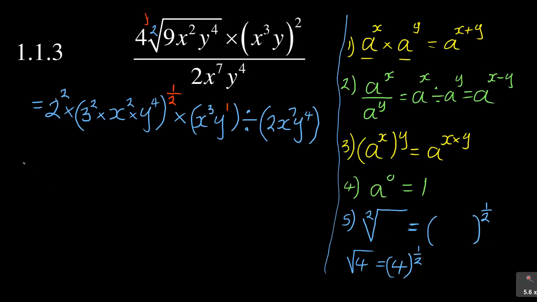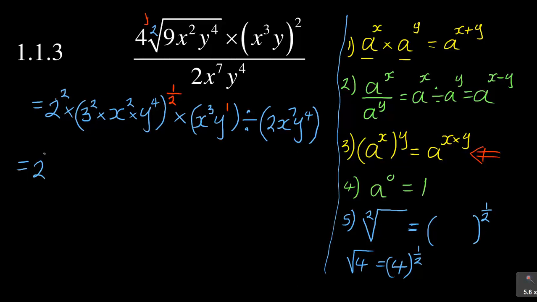Then this is equal to, I'm going to use the third law now. It is law number 3 according to here. I'm going to use it to open this bracket, because the half, you'll see how it distributes.